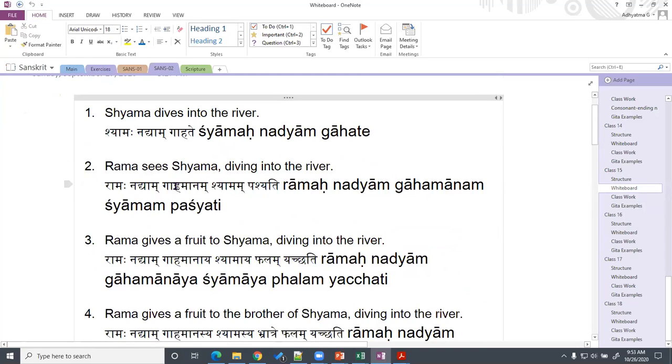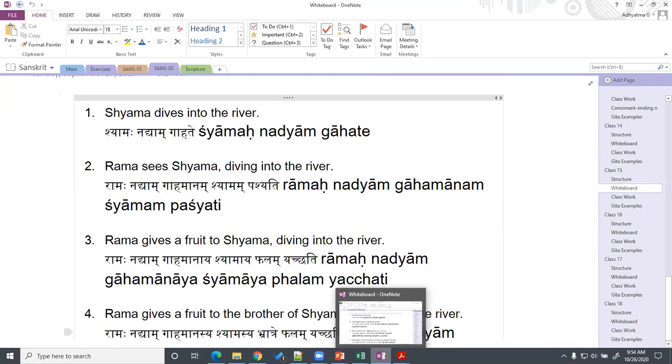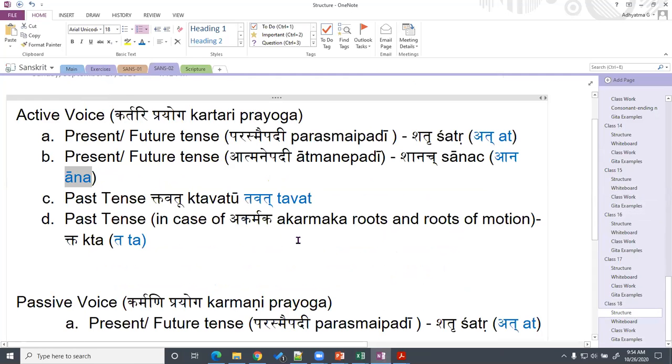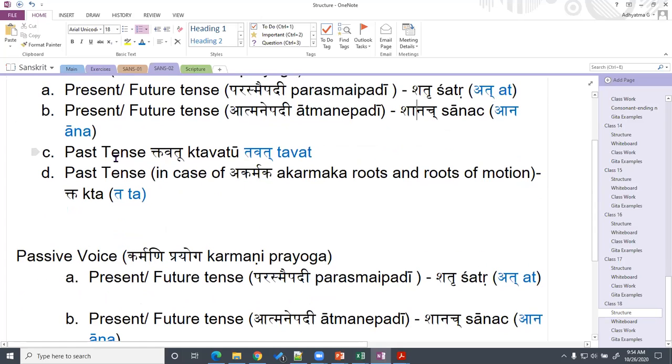Ramaha Nadyam Gahamanam Shyamam Pashyati, like that. So again, these two suffixes, Shatru and Shanach, as I said, they are generally not used in the first case, but in other cases. That is not a problem with the past participle.